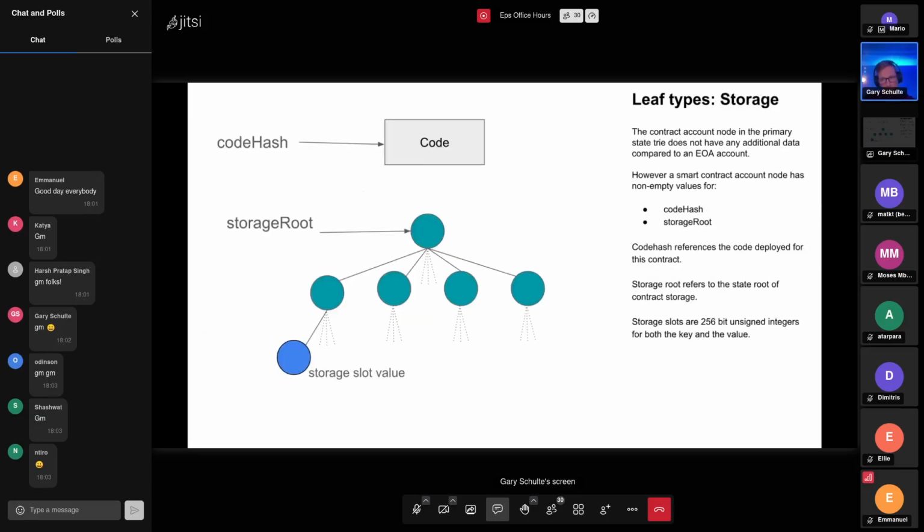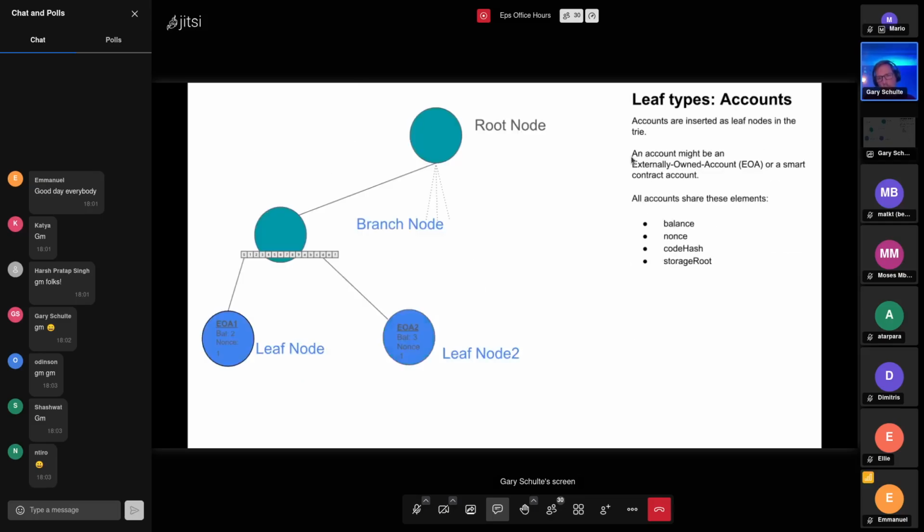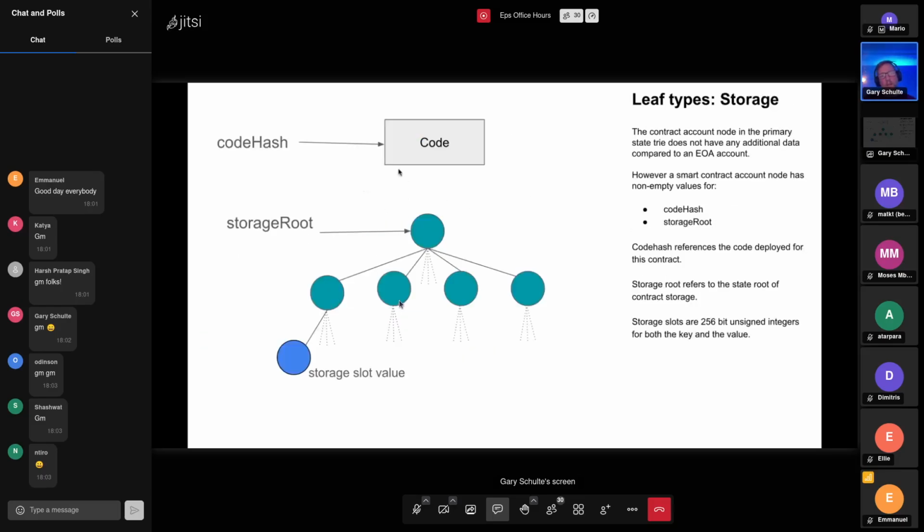Okay, and the second type of leaf you're going to encounter is storage. Contracts need storage, contracts need code. The code hash I mentioned earlier is an attribute of the account itself. The code hash is kind of an implementation detail, but the code that's deployed will hash to a specific hash.